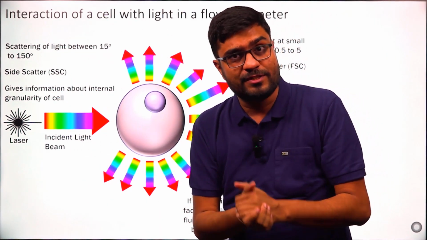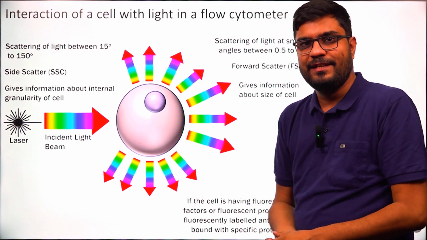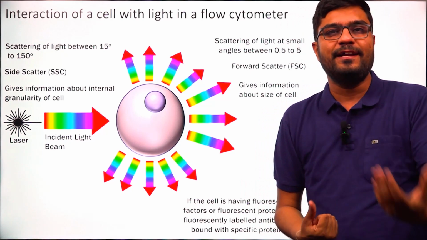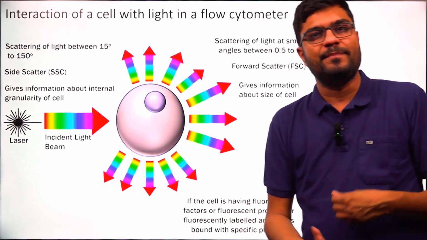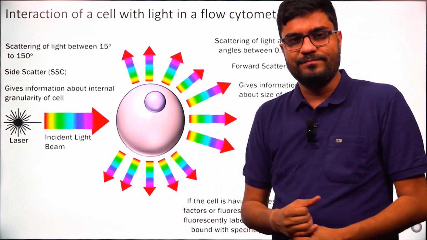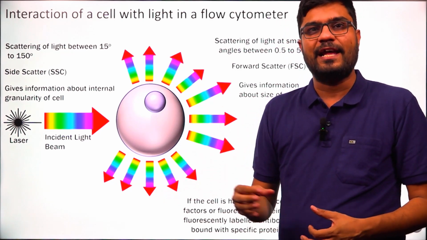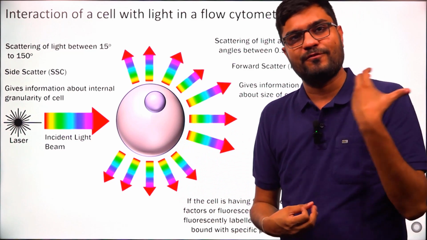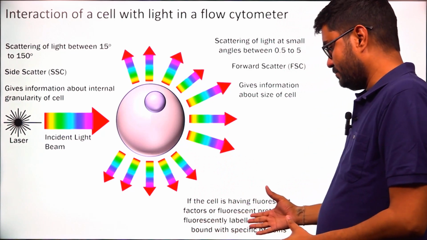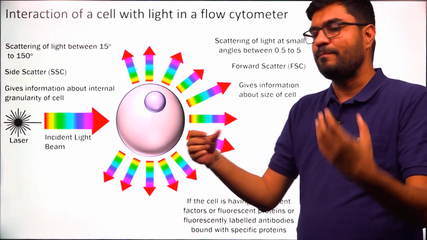The third piece of information which we can get from a flow cytometer is if my cell contains a fluorescent protein like green fluorescent protein or red fluorescent protein, or is stained by a fluorescent dye like propidium iodide, SYBR Green, or SYTOX, or the proteins of this cell are labeled with fluorescently tagged antibodies. So it can have an inherent fluorescence, it can have the presence of a fluorescent protein, it can be stained by a fluorescent dye, or it can have fluorescently labeled antibodies which are binding against specific proteins of this cell.